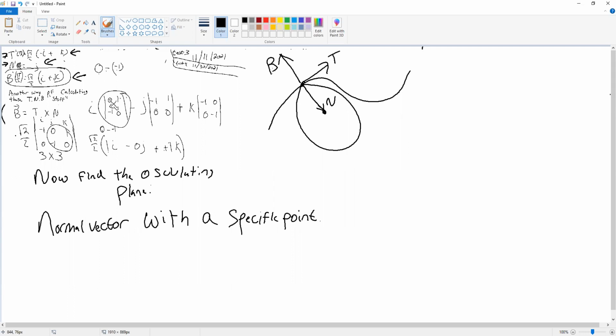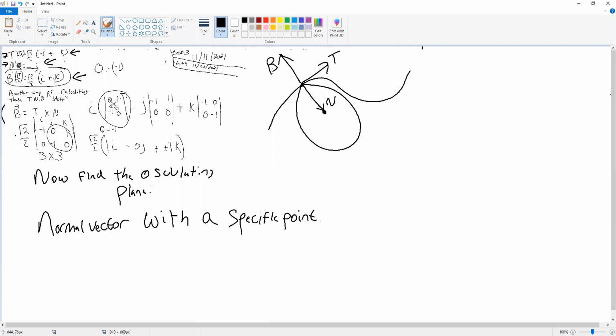Now, the oscillating plane is just going to be something that we can create perpendicular to the binormal. So that binormal is projecting out, coming towards us. If it's coming towards us, then we could just take a portion of the plane and cut out a nice circle there.